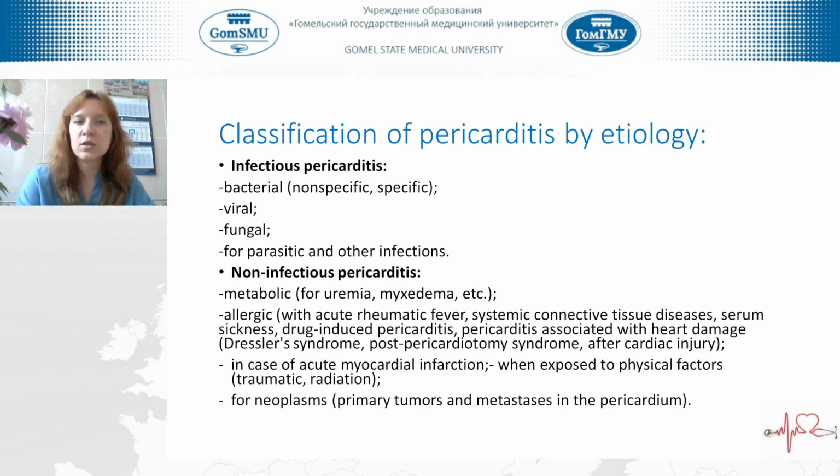For non-infectious pericarditis, the reasons are metabolic, in patients with uremia or myxedema; allergic, with acute rheumatic fever, systemic connective tissue disease, serum sickness, drug-induced pericarditis; pericarditis associated with heart damage, Dressler syndrome after myocardial infarction, post-pericardiotomy syndrome after cardiac injury; any case of acute myocardial infarction; physical factors, traumatic, radiation; and neoplasm, primary tumors and metastasis in the pericardium.